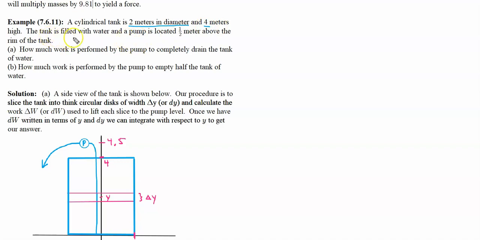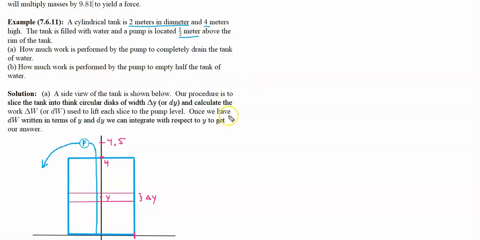The tank is filled with water, and a pump is located 1/2 of a meter above the rim of the tank. Now we want to do two things here. We want to know how much work is performed by the pump to completely drain the tank of water. And then part B, how much work is performed by the pump to empty half of the tank.